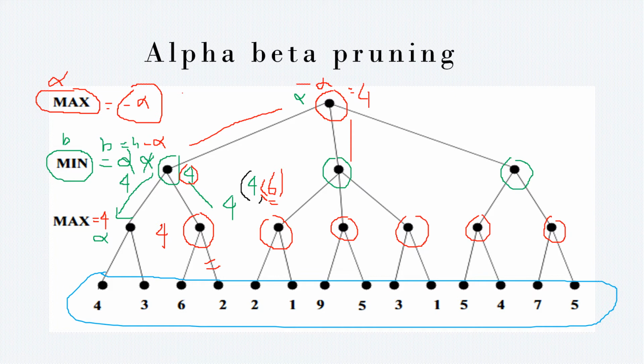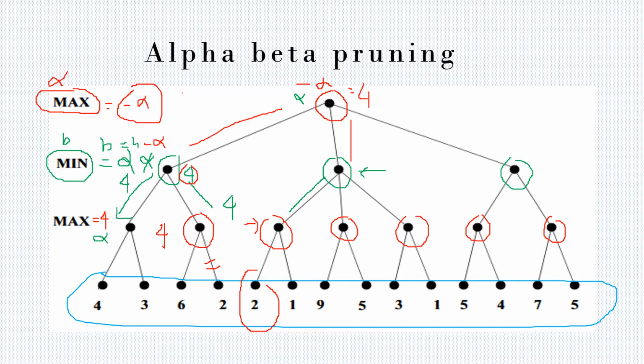Here at this level is min. Min will check this node, and this node at that level belongs to max. Okay, let me erase this writing.